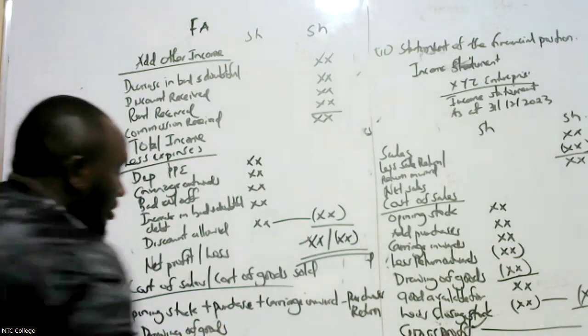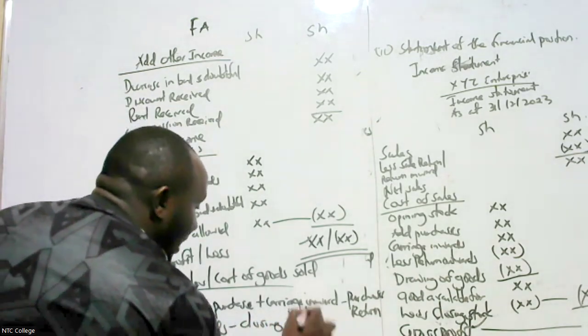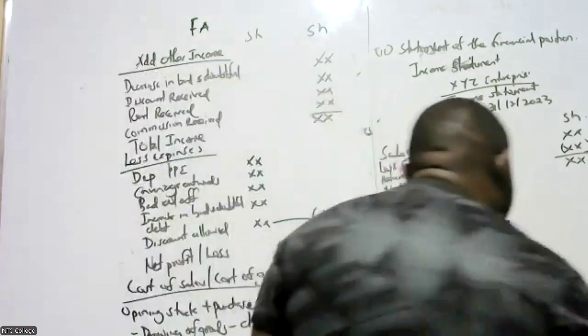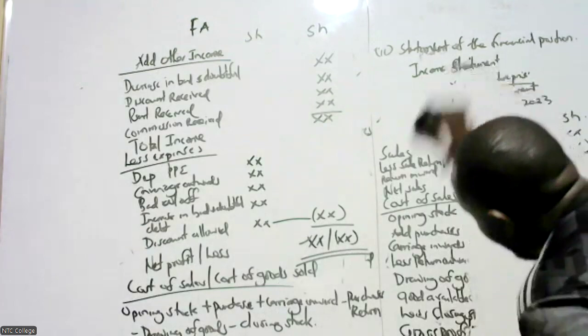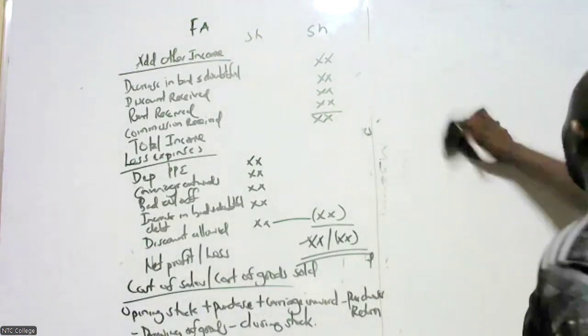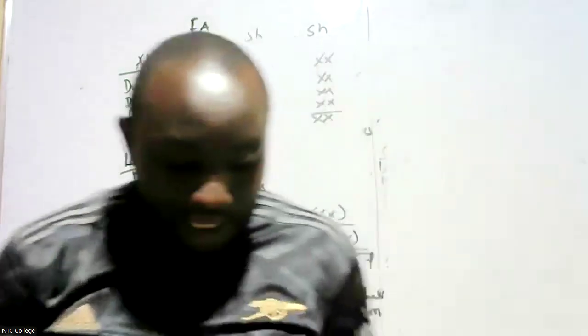Then you have minus the closing stock at the end. That is for HD1 and HD2. Those are questions that you can be asked.